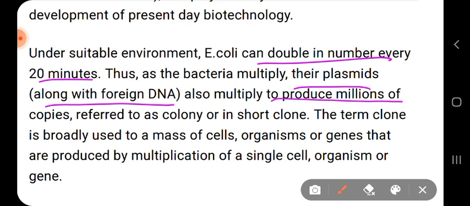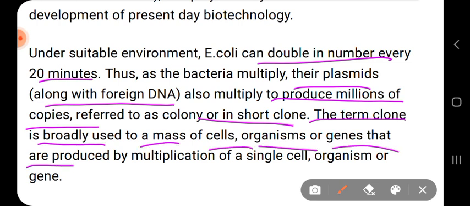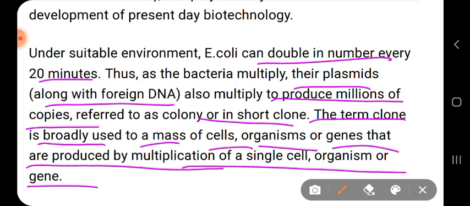So millions and millions of copies can be prepared within a day, within a short period of time. The term clone is broadly used for a mass of cells, organisms, or genes that are produced by multiplication of a single cell, organism, or gene. So clone means just the copy of that particular gene here.